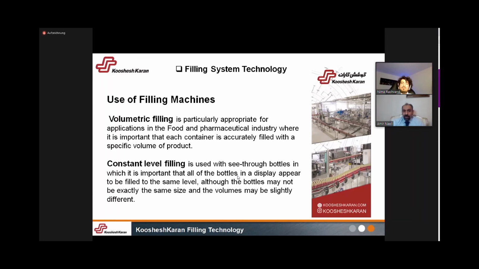Although the bottles may not be exactly the same size and the volume may be slightly different, in a display they all appear filled to the same level.